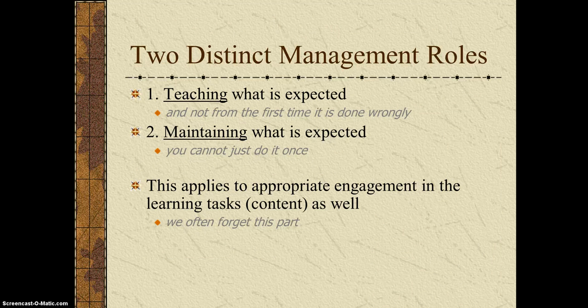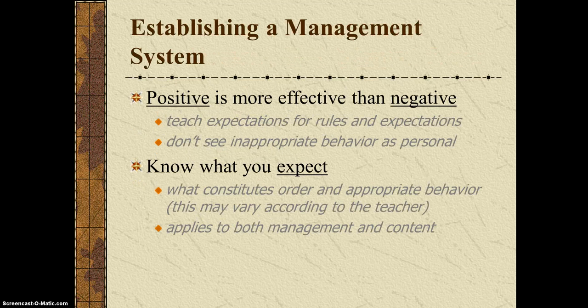Two distinct management roles: teaching what is expected, and maintaining what is expected. So the question becomes, how do you maintain something? The main thing is you can't do it just once. It's something that has to happen over the course of a school year. Establishing a management system.